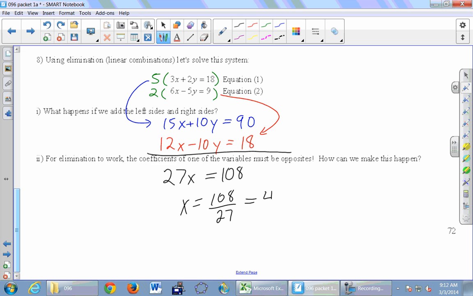Is it 4? Okay, so that's x equals 4. And then I'm going to put just some instructions here for you to try later. Just going to say find y, because I want to do this same problem a different way.